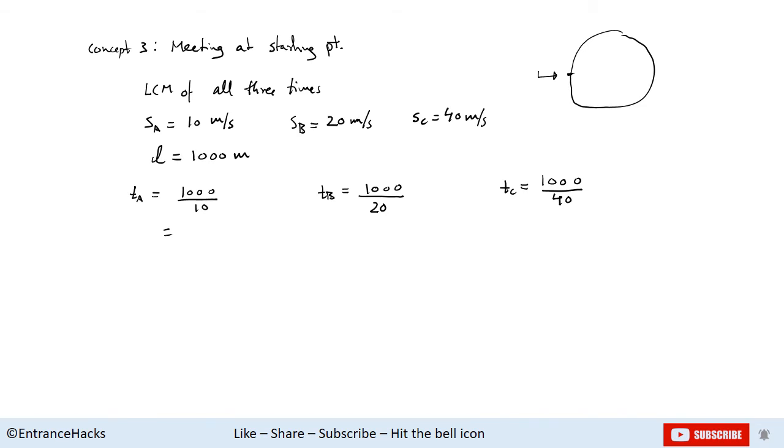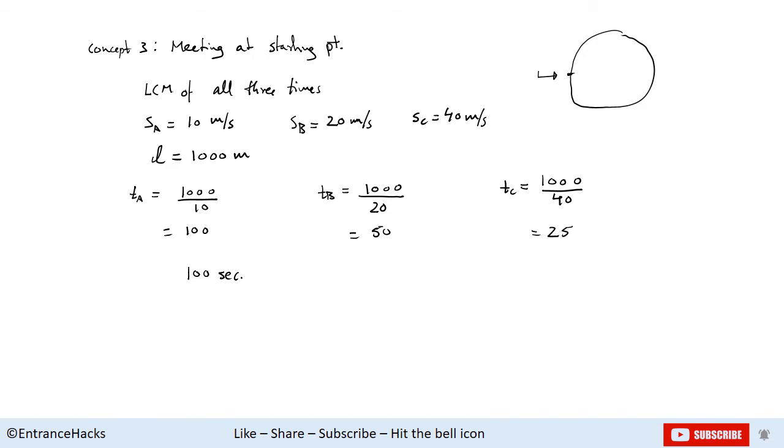This will be equal to 100, this will be 50, and this will be 25. So the LCM of these three times would be 100 seconds, right? So all three of them will meet at the starting point in 100 seconds. Okay.